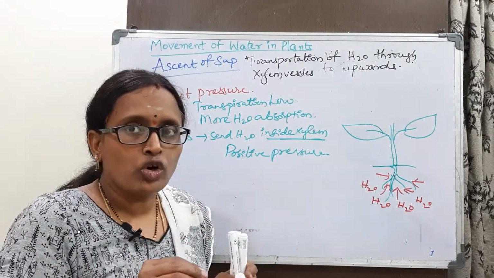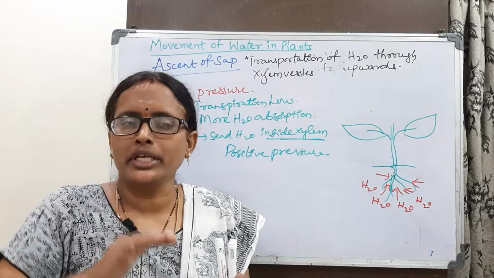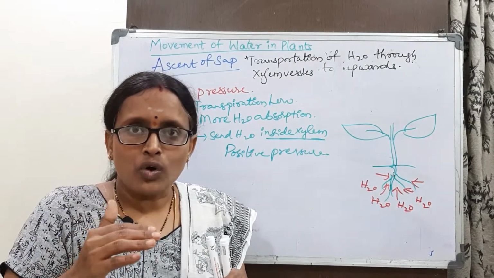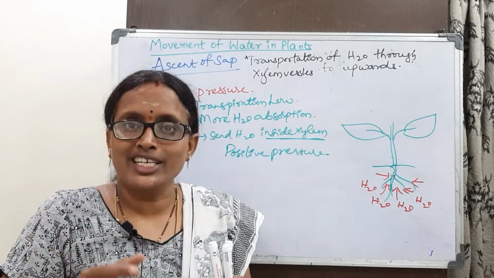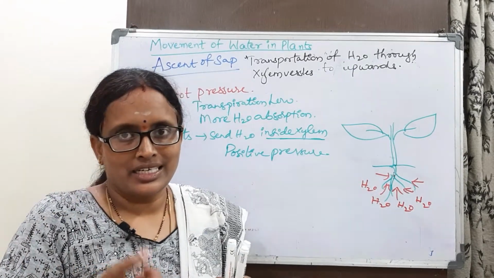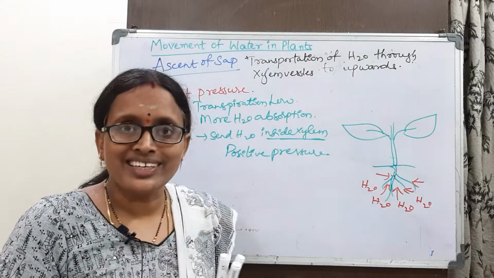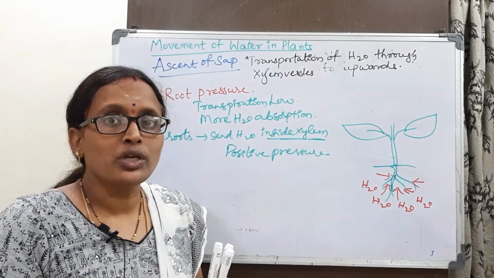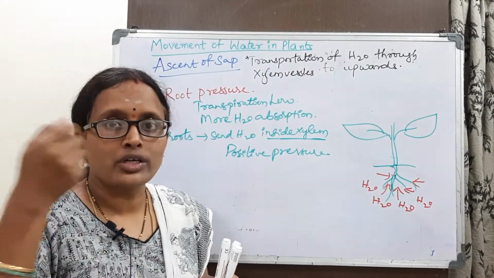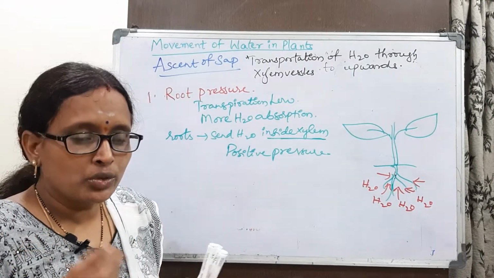But when we talk of very tall plants, the water is not going to be pushed, it is going to be pulled. That is called transpiration pull. By that force, water is pulled upwards.